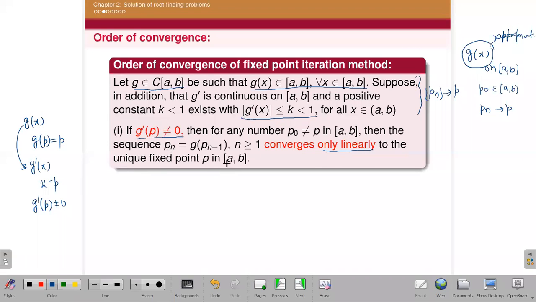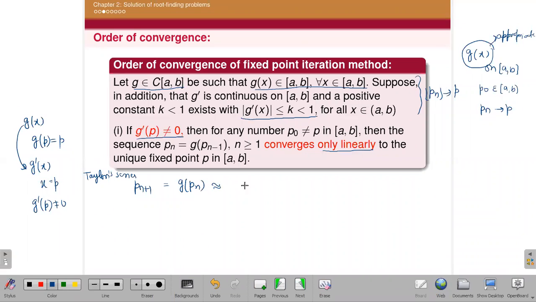p in ab. So how does it happen? Suppose I take g of Pn. This is nothing but Pn plus 1. And we know only the first derivative of this g of x. So if I write the Taylor series, I know only the first derivative, so I can truncate the series up to first order only.